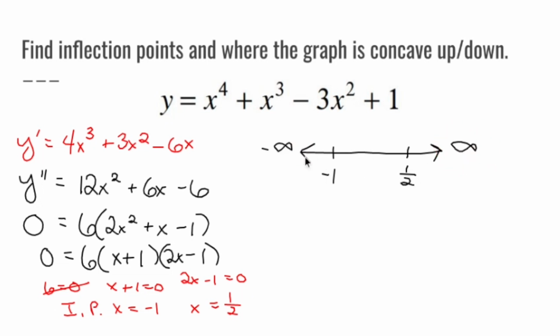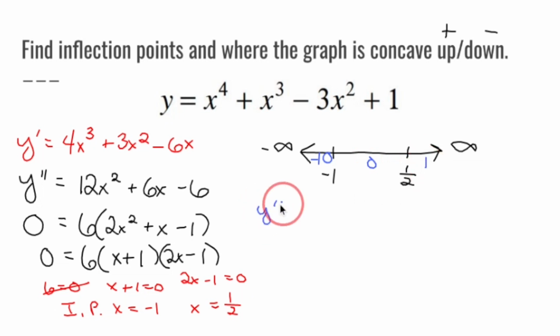I'm going to pick numbers in these three intervals, plug them into my second derivative, and see if I get a positive for concave up or a negative for concave down. So let's just pick the easiest numbers we can. I'll pick -10 for this one. Let's do -10. Let's do 0. And let's do 1.